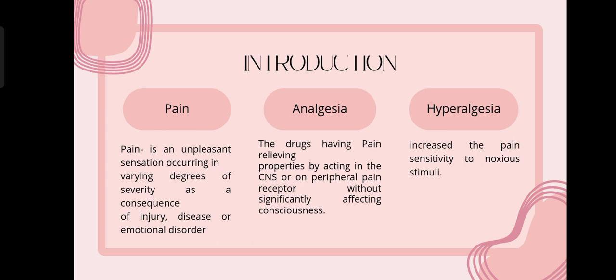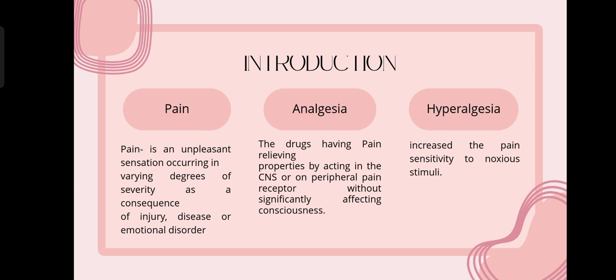If the accident which happened is major, then the pain would also be major for that person. And if a minor accident happened to that person, then the pain will be mild. So these NSAIDs are useful for the treatment of pain.